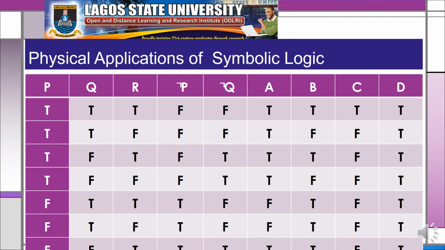P, Q, R, the negation of P, the negation of Q, where the letters A, B, C, and D are defined below. The table is obtained from our previous knowledge, as I always say, from lesson 1 and 2, all the ideas we taught in lesson 1 and 2.